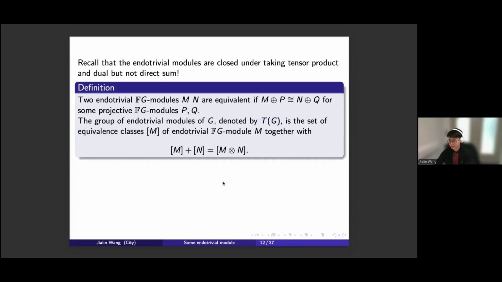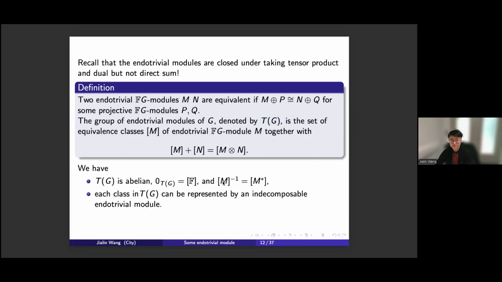That's why I use addition. The zero element in this group is the trivial module, because everything tensored with F is itself. And the inverse of M is the dual of M, because by definition, M tensor M dual is F.